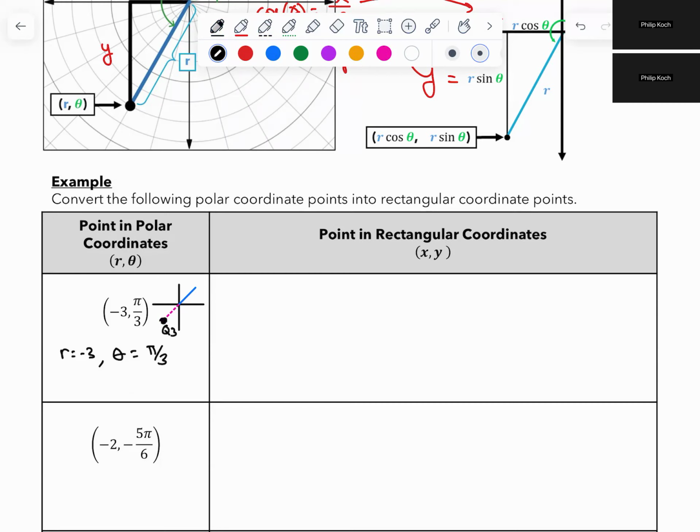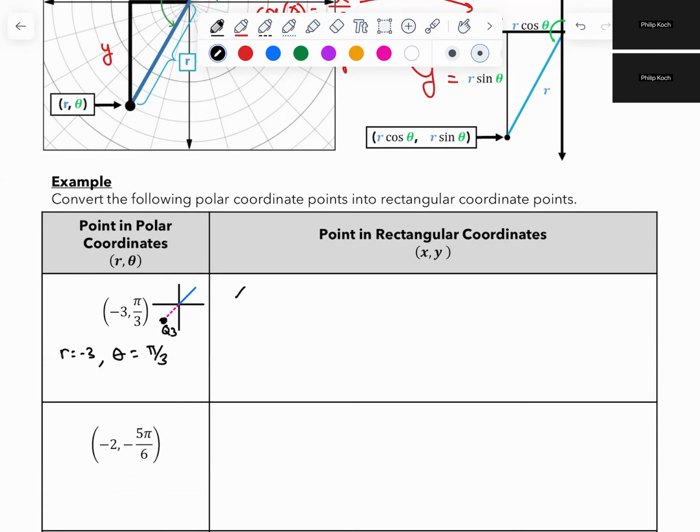So we want to make sure that if something wonky happens, if we make an error in our calculations, or maybe we forget to change our calculator from radians to degrees, and you start getting a point that's in quadrant 1 or quadrant 4 or quadrant 2, that would be a good indication that you made an error.